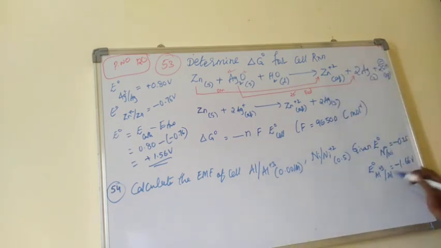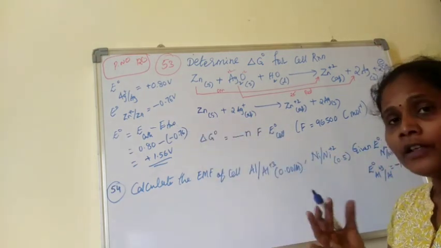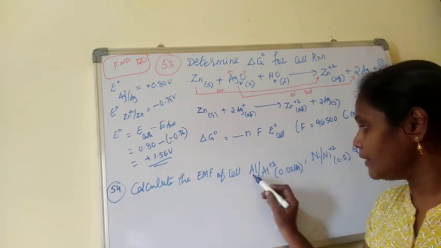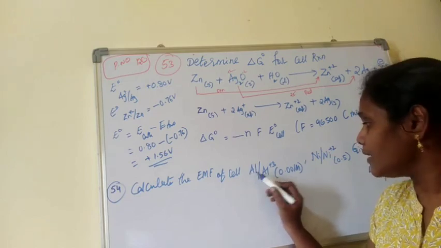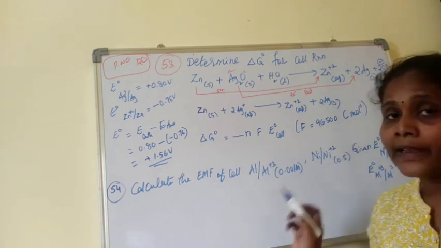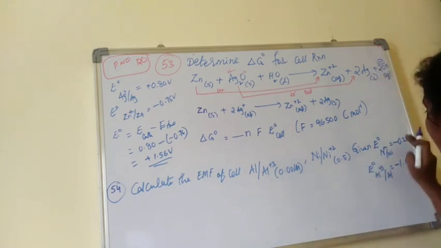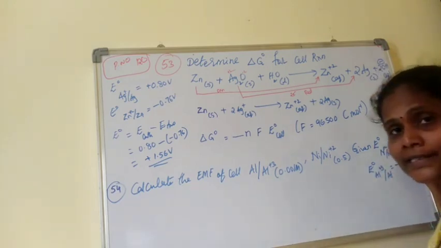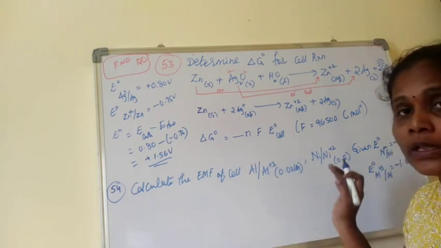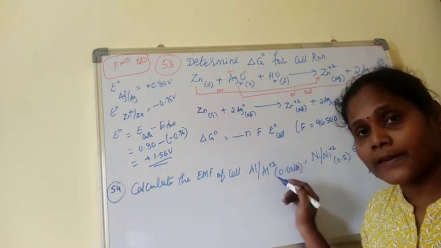He gave us the standard reduction potentials to help calculate E naught cell, but he didn't tell which is undergoing oxidation and which reduction. Then you have to keep in mind that the electrode having more reduction potential works as the cathode. I gave you this information in the electrochemical series also.